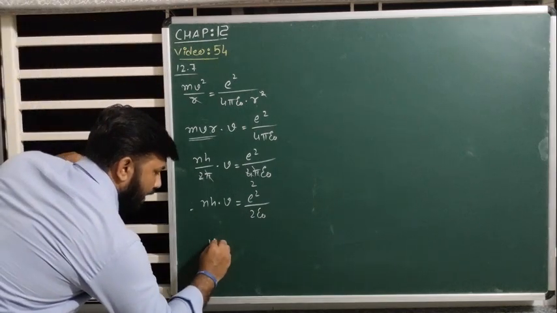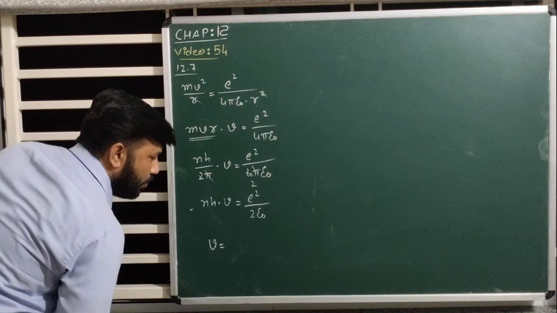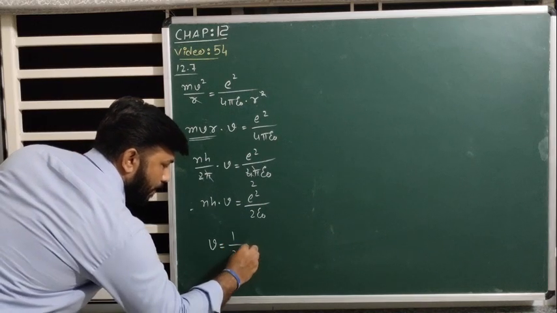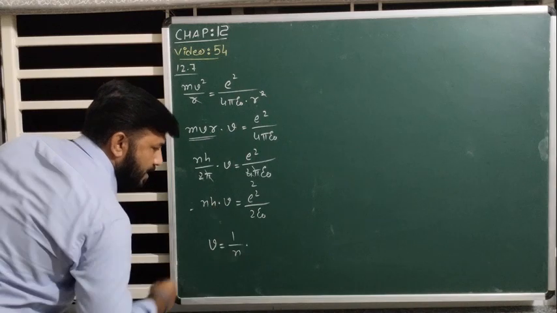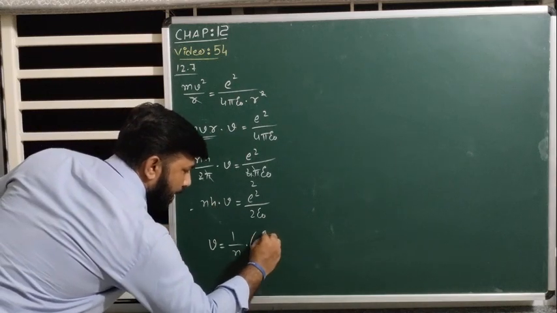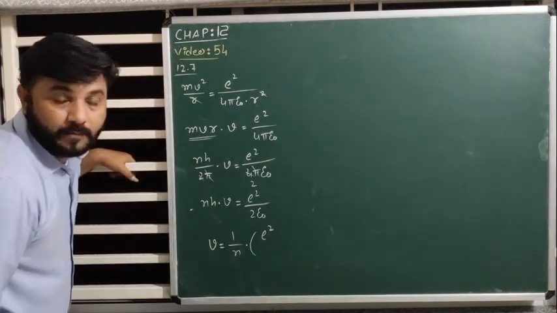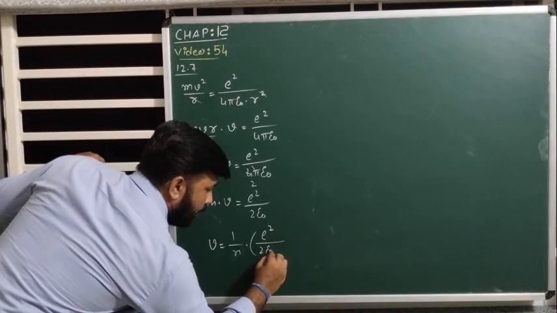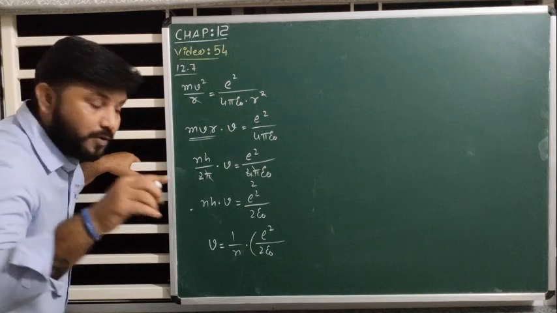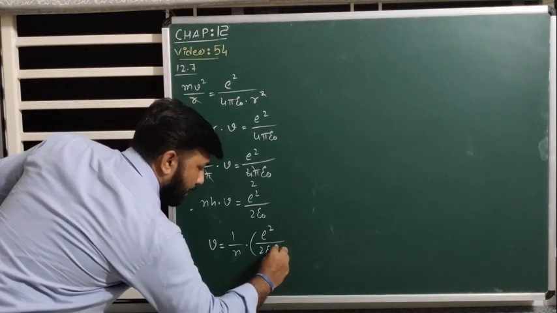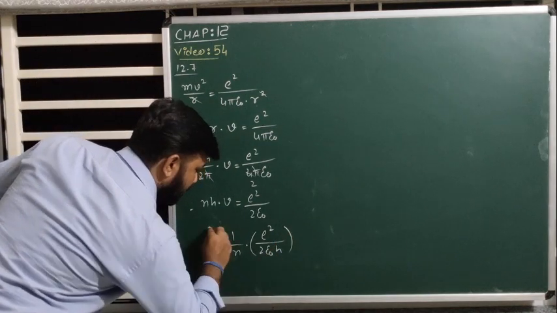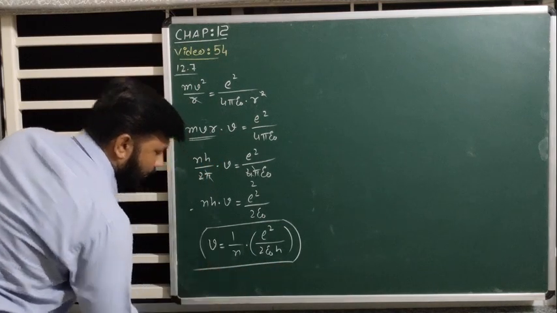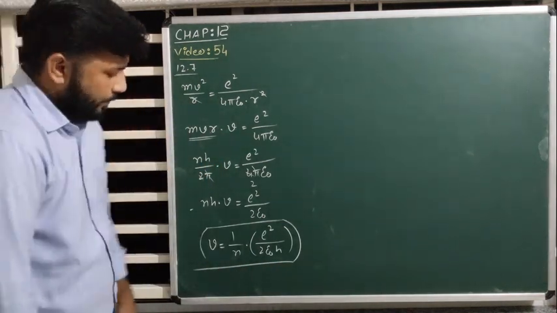So we will have equation v is equal to 1 upon n multiplied by e square, constant value, upon 2 epsilon 0, again constant value, multiplied by h. So this is the standard equation to find the velocity.